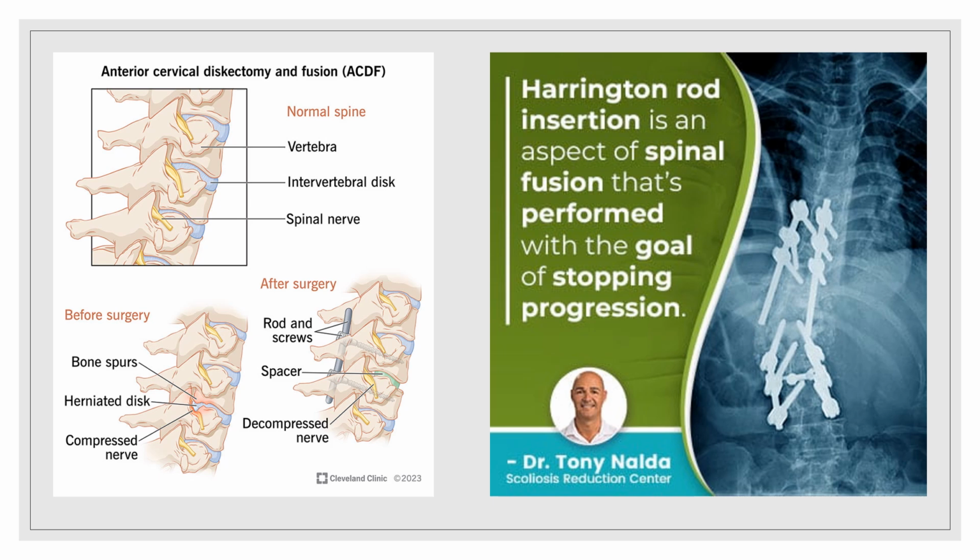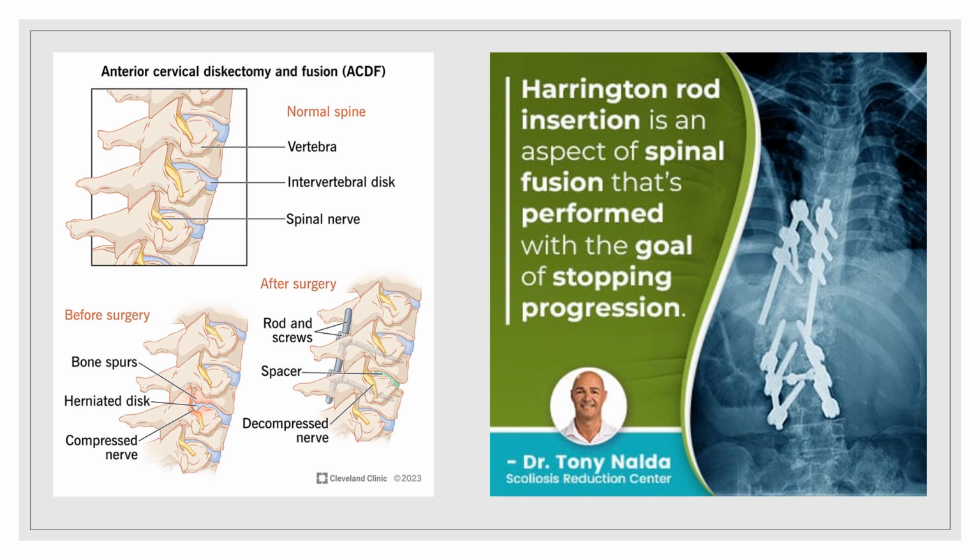But basically, it's an anterior approach, so they come in through the front of the spine instead of the back, and they will fuse the cervical vertebral levels and repair the disc. So they'll remove a portion of the herniated or protruding nucleus and repair the annulus fibrosus.